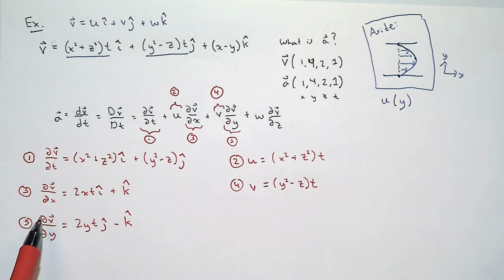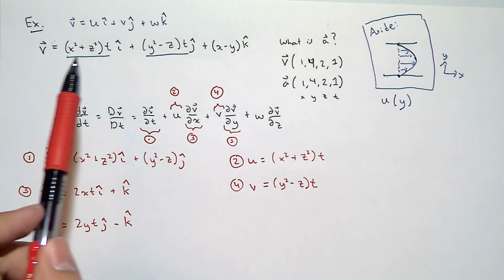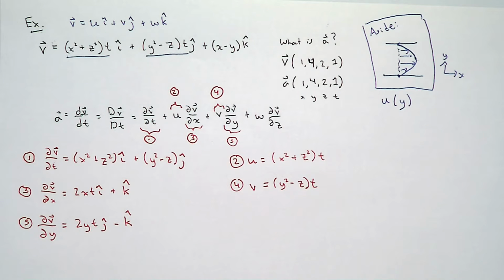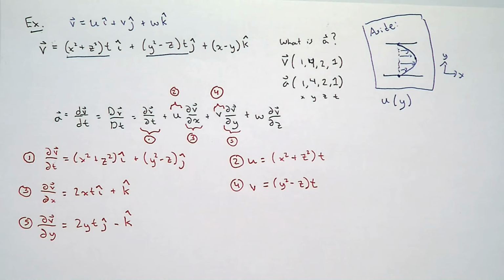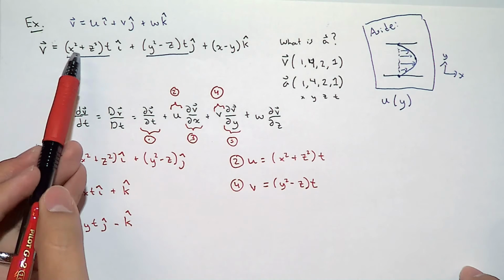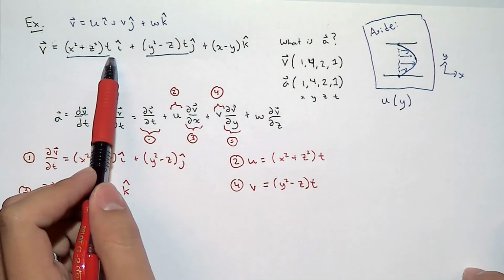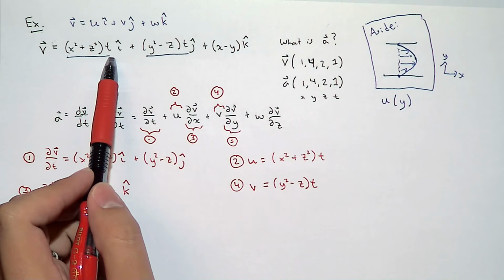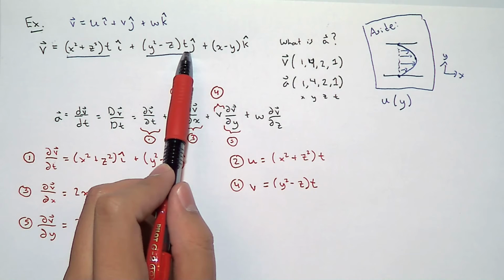So when I say the partial change in velocity with respect to y, what I'm asking for is the derivative of this expression if everything other than y is a constant. So if we treat x, z, and t as constants, and we only find the derivative with respect to y, notice that here we don't have a y. So if we don't have a y, we treat this as a constant. What's the derivative of a constant? 0.